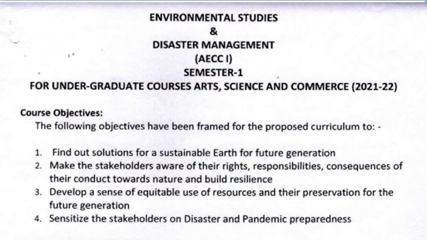And it will develop a sense of equitable use of the resources we are using, so that in a good manner we can achieve sustainable development in the near future and for our future generation.